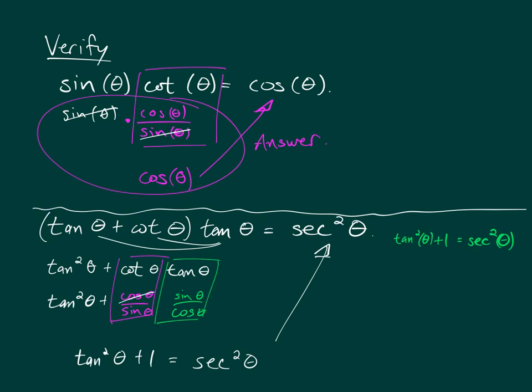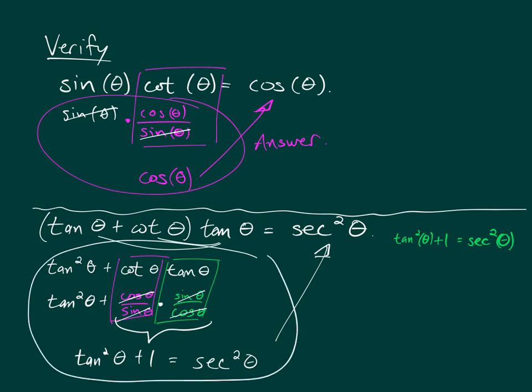So cosines cancel and the sines cancel and everything canceled, which gives us that 1. So again here, this is the work and your final answer to verify that this left side equals this right side.